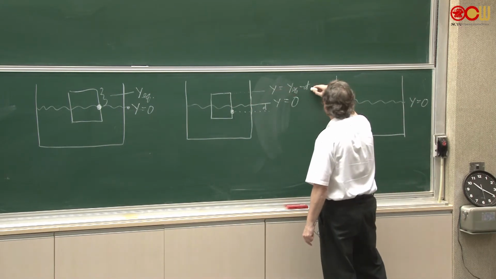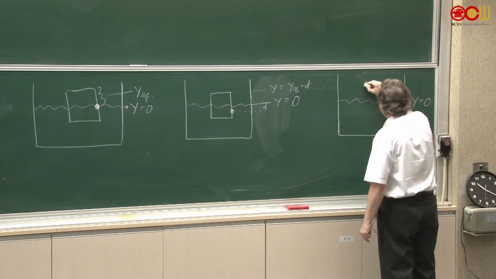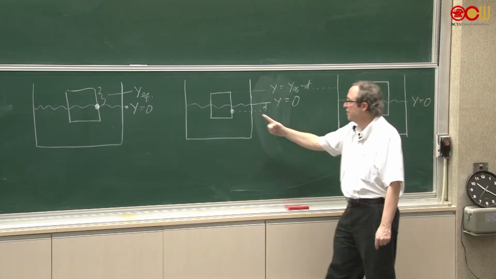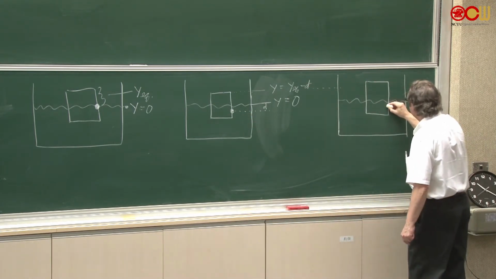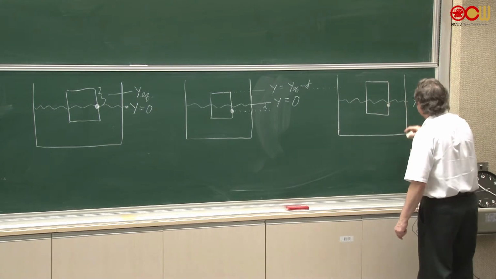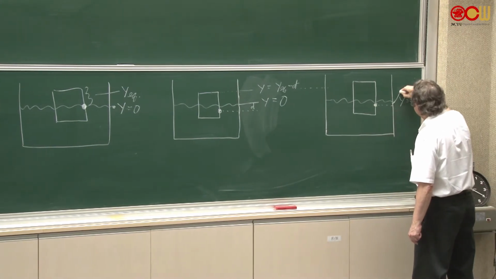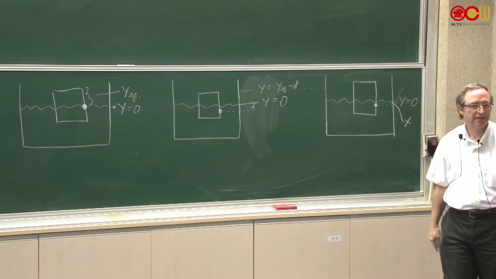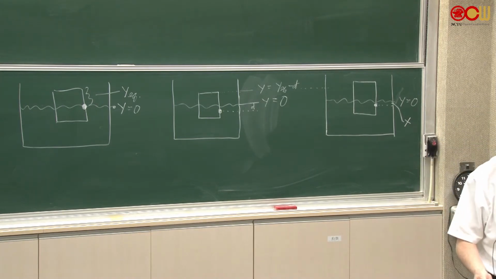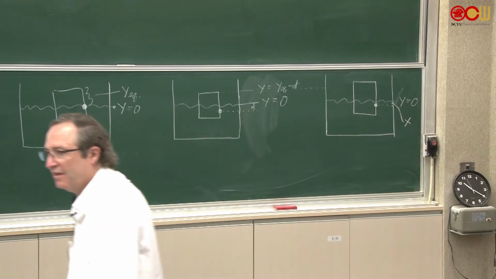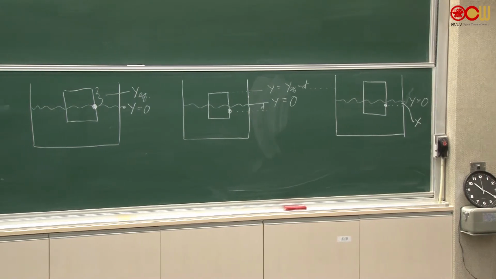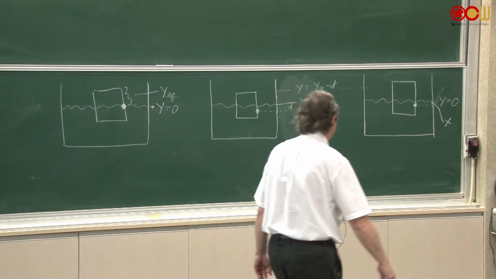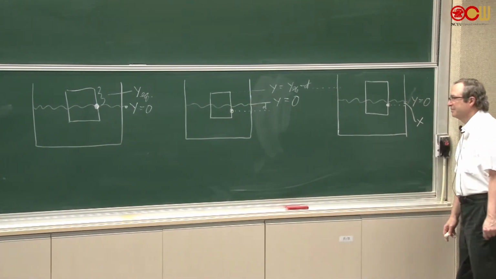So this guy here has moved up a bit, and I have a little distance here, which I'm going to call x. X is not the same as d. X is a variable. D is just the initial displacement. All right? So now I have this variable x.